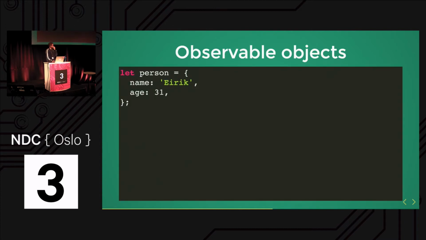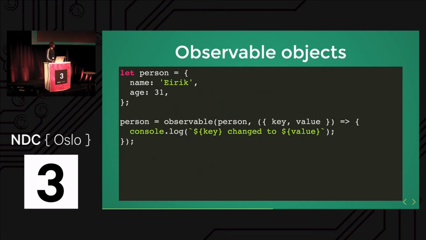So now we could use this. We could have an object here, and the main difference between this and the original object is that you'll have to overwrite the original object because it'll only trigger if you try to access or change something on that observable object.